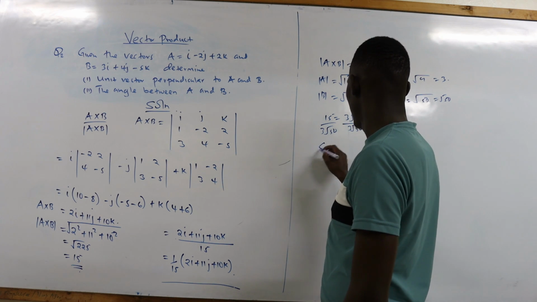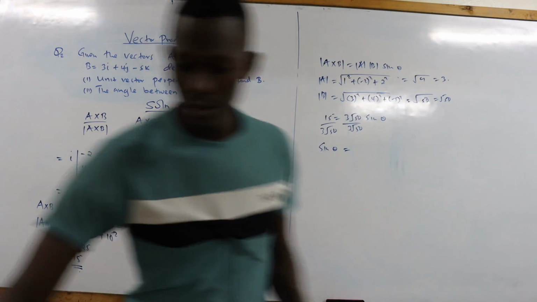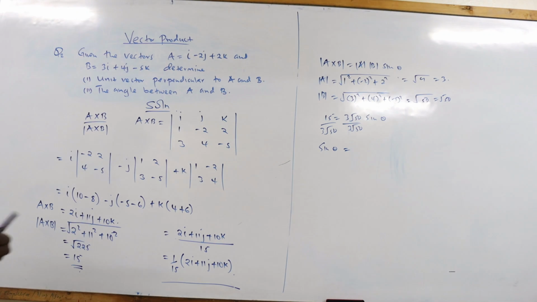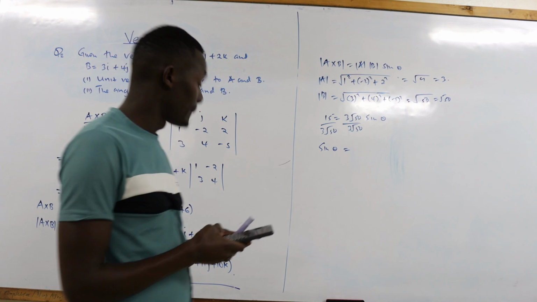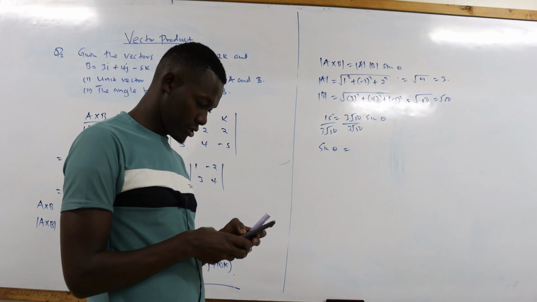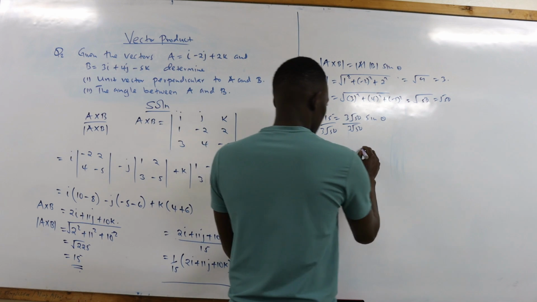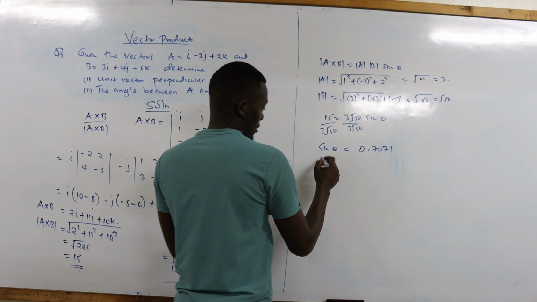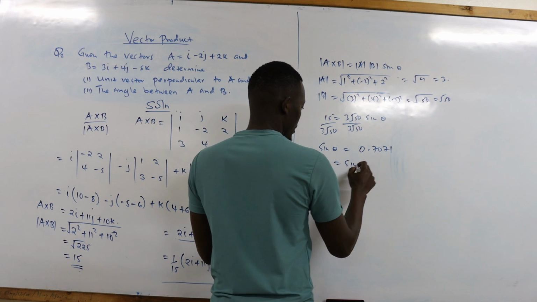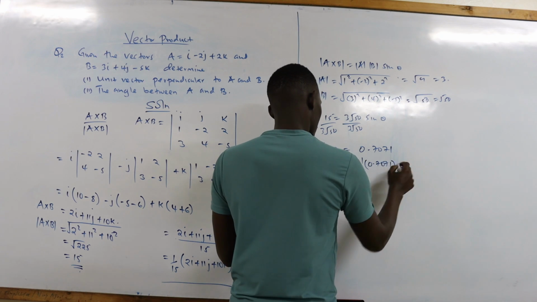So therefore sine of theta will be given by, so let's work that one out. It is 15 divided by 3 root 50, which gives us 0.7071, and therefore theta will be sine inverse of 0.7071.